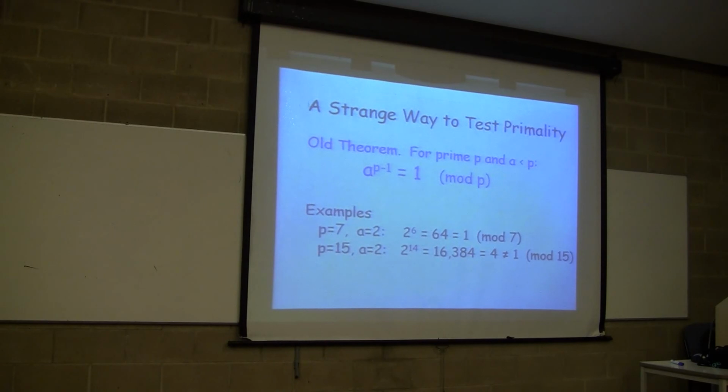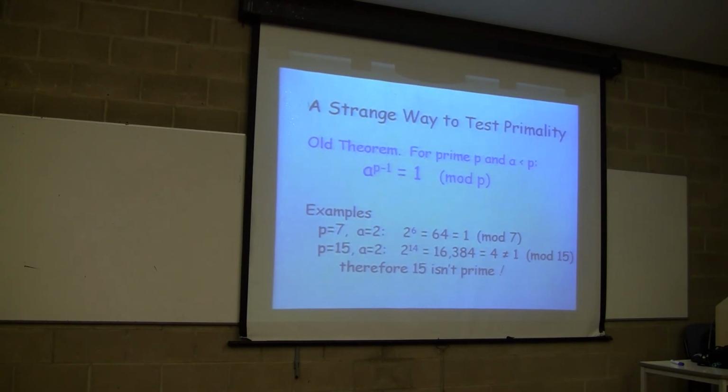You take the remainder, you get 4, which is not 1. So you see that the equation fails in the case where P is not prime. And what's amazing is that the calculation I just did proves to you that 15 isn't prime. Of course, we knew that already.